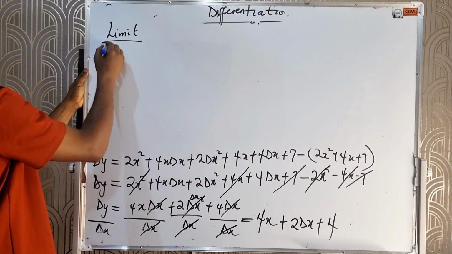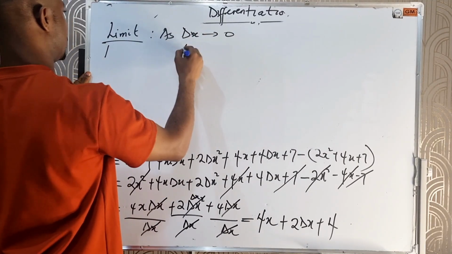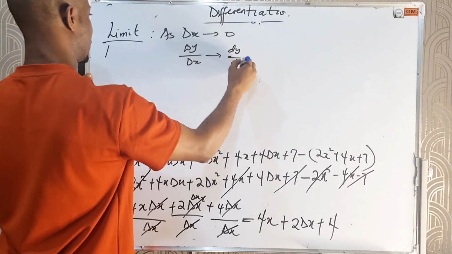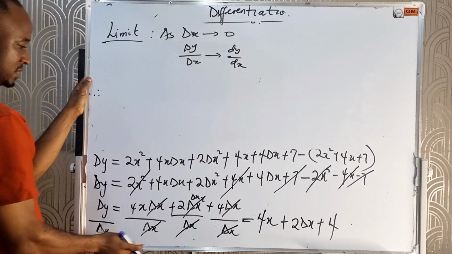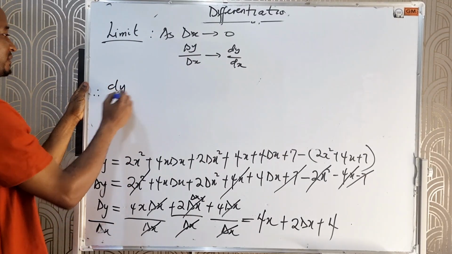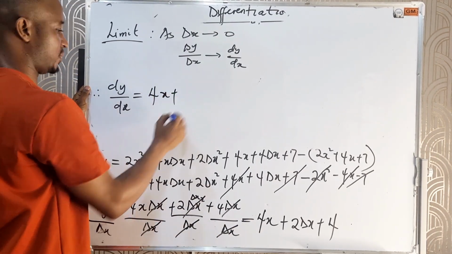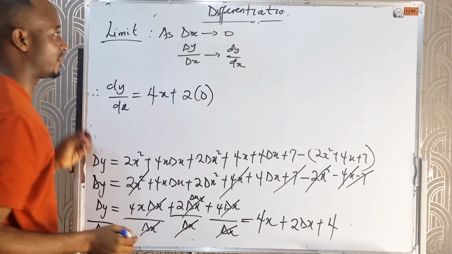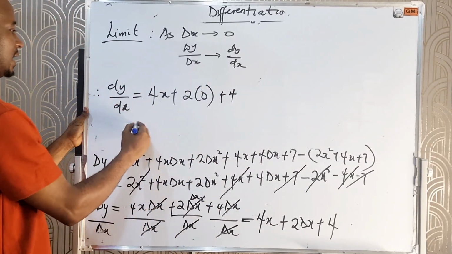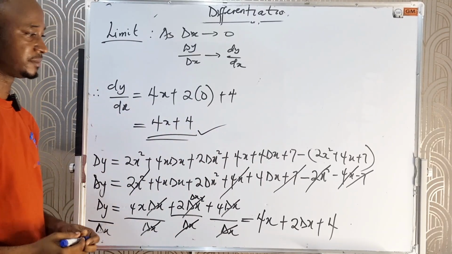Limit says as delta x is approaching 0, delta y over delta x must approach dy/dx. So this expression will be turned to dy/dx, which becomes 4x plus 2 times 0. I'm replacing my delta x with 0, then plus 4. And that will give us 4x plus 4. Final answer of this.